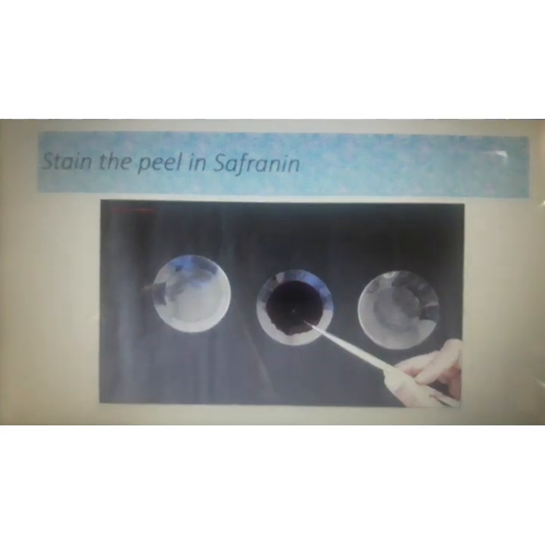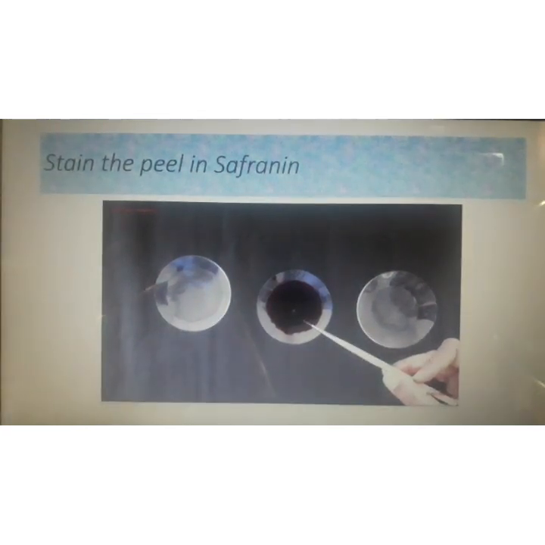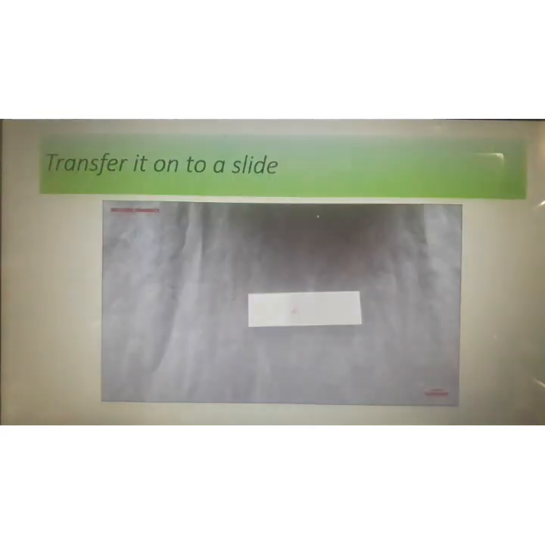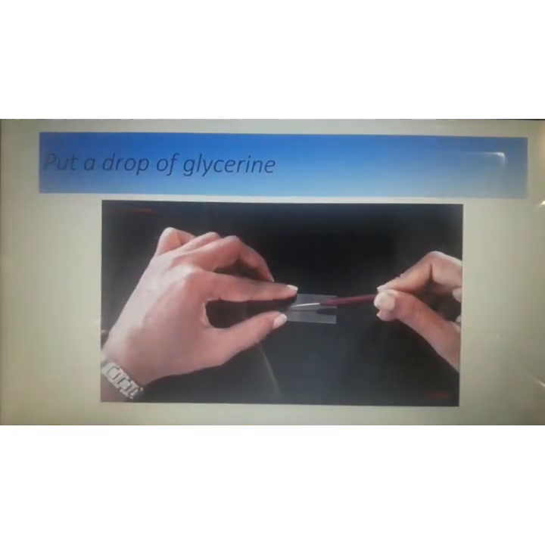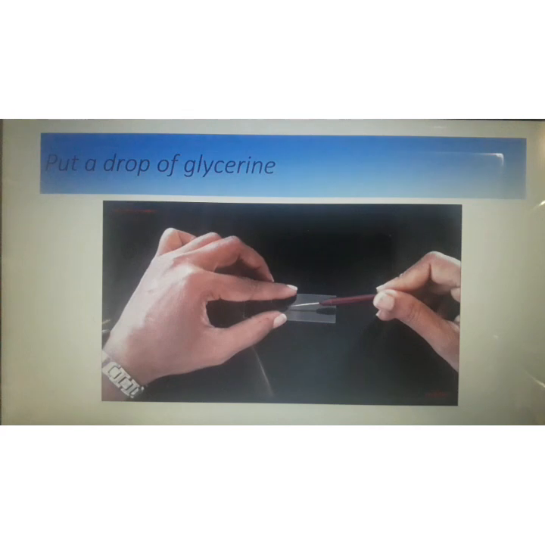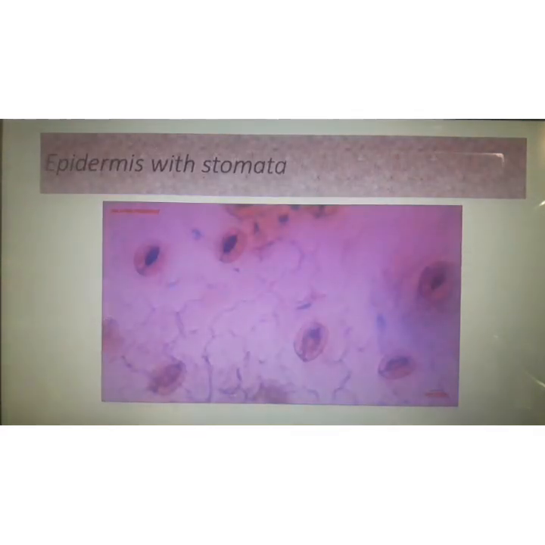In the second petri dish, add a few drops of safranin and then transfer the peel into that. Wait for a minute and then transfer it onto a slide. Put a drop of glycerin and then put the cover slip onto that. Then watch it under the microscope. Then what are you going to observe? You are going to observe the epidermis with stomata.